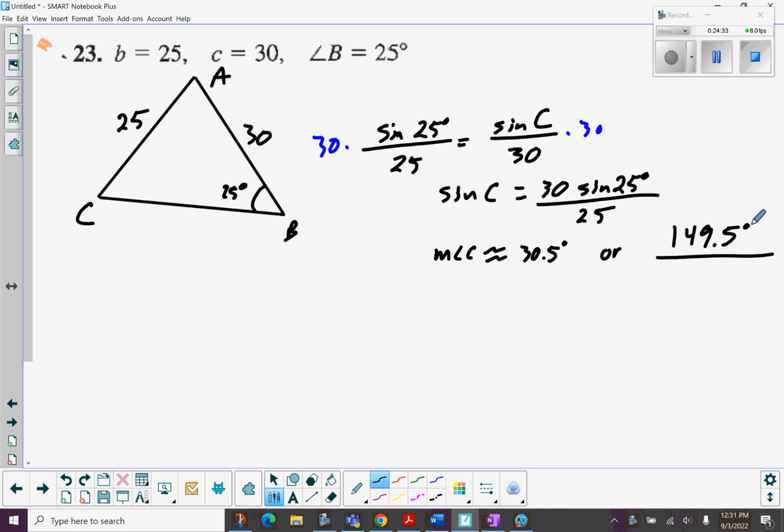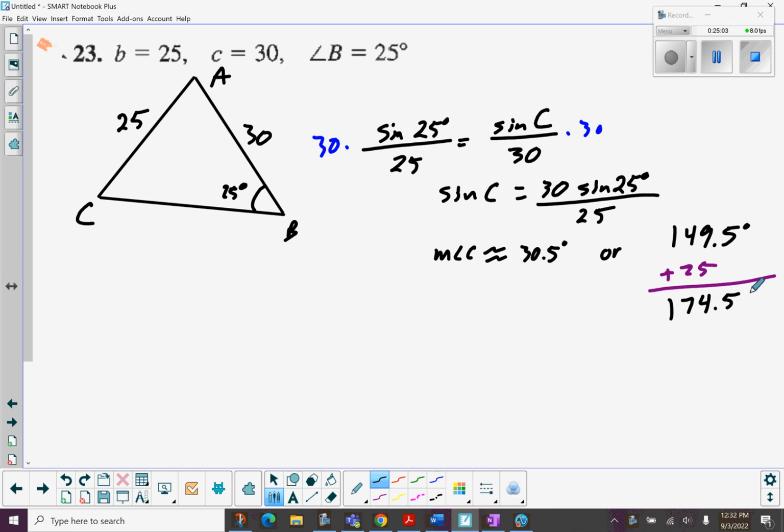Is that too big? No, if we take the 149.5 and we add 25 to that, that'll give us a total of 174.5.